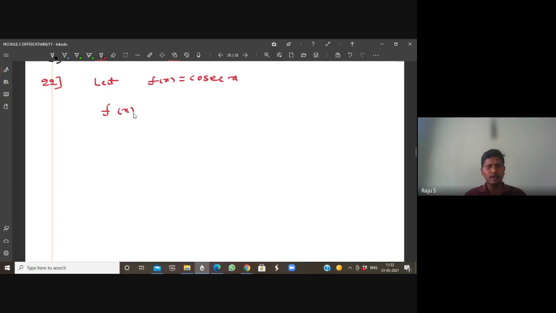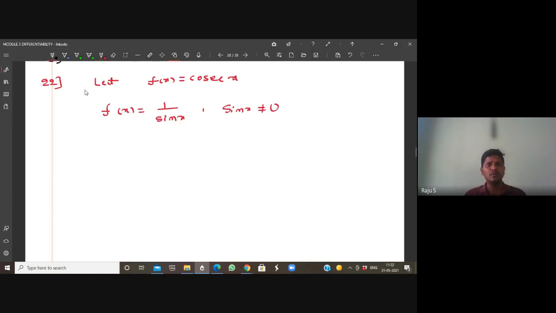Shall I write this value as 1 by sine? Yes or no? Cosecant x is nothing but 1 by sine x. So when the function f of x exists, sine x must not be equal to 0. Everyone should remember sine x should not be equal to 0. If sine x is equal to 0, what will happen? 1 by 0, which is clearly undefined.